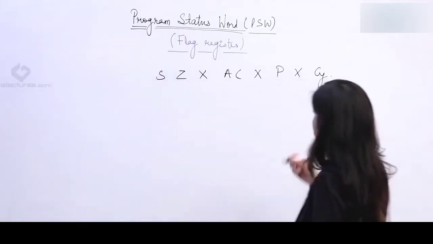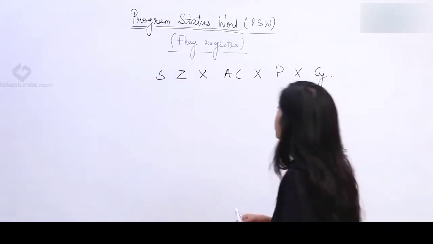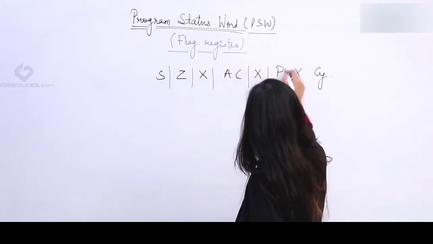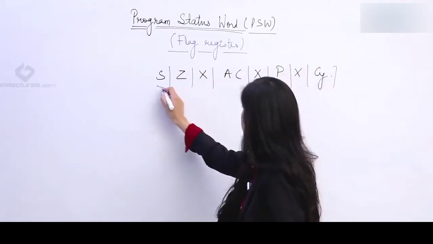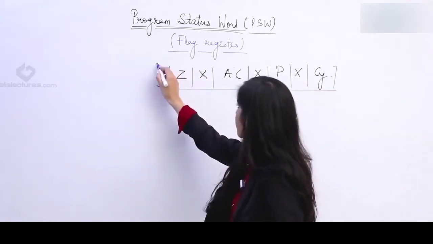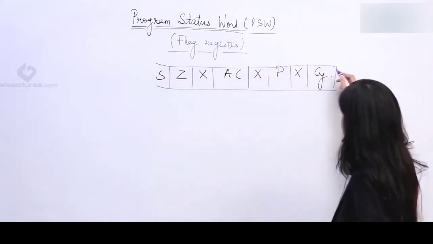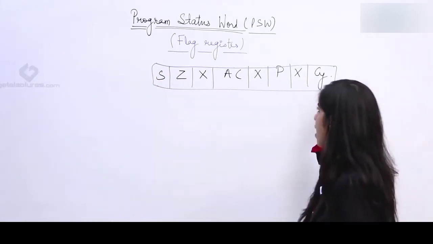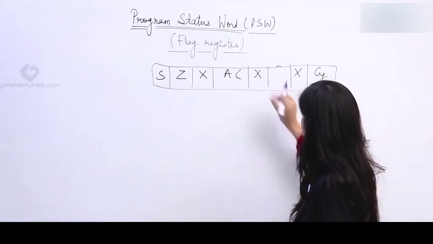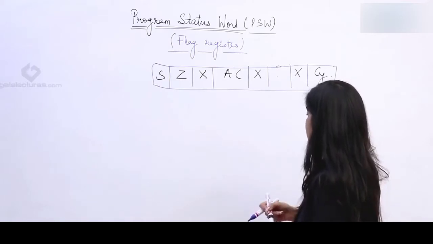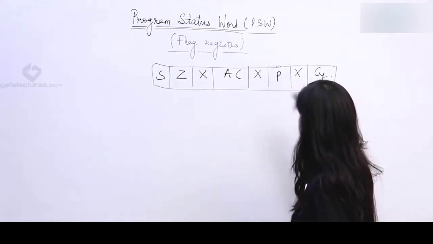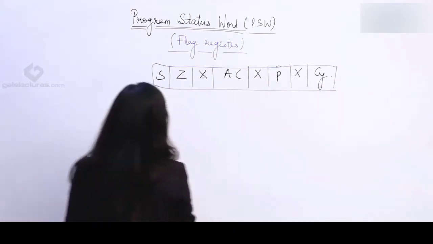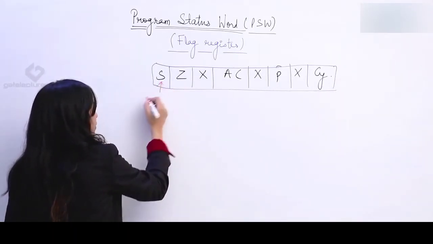So basically we are having 5 flags, and since you know the accumulator is an 8-bit long register, that is why this is how the 5 flags are placed. S, Z, X, AC, X, P, X, CY.